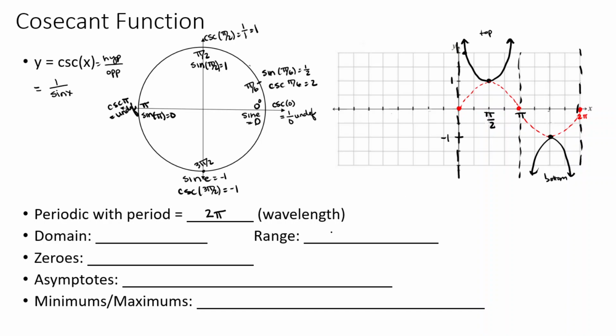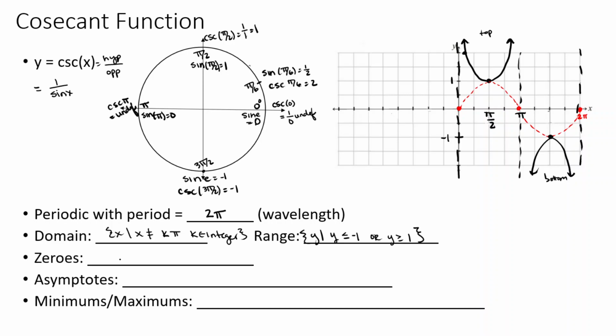My range is everything less than or equal to -1 and greater than or equal to +1. My domain is x not equal to all of my pi's, k times pi, where k is an integer.